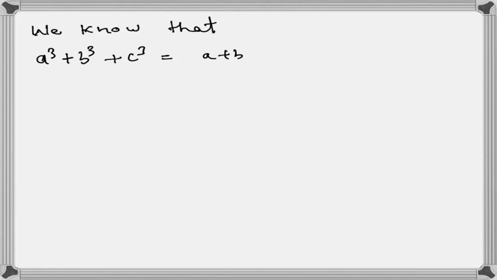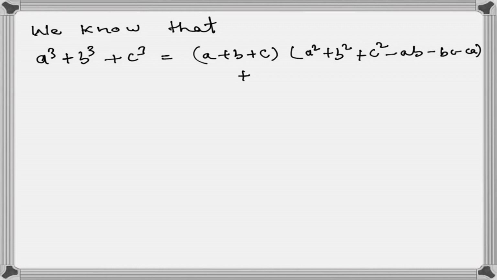As we know, a³ + b³ + c³ is equal to (a + b + c)(a² + b² + c² − ab − bc − ca) + 3abc.